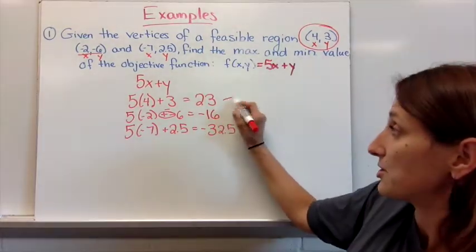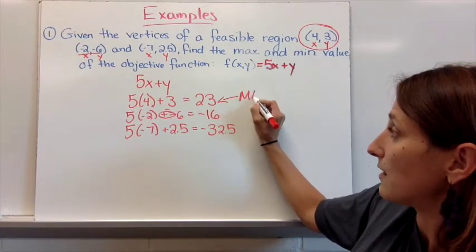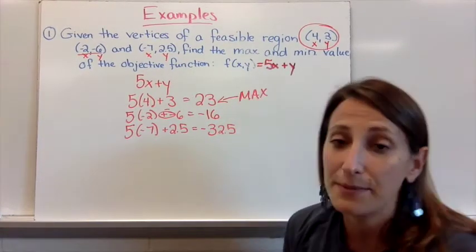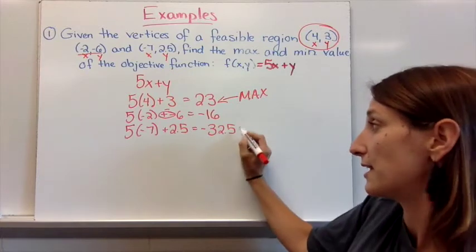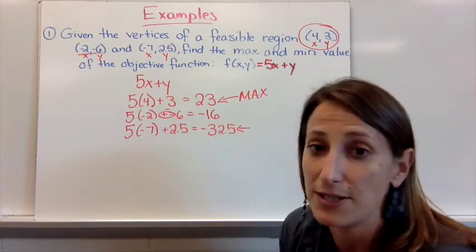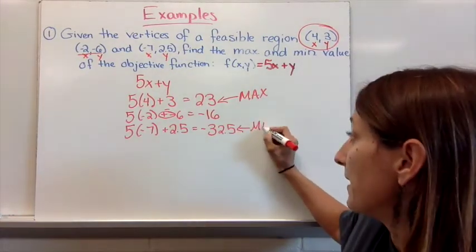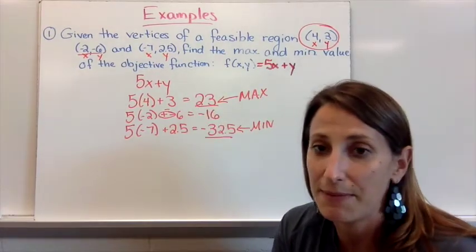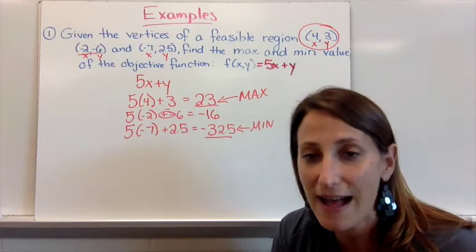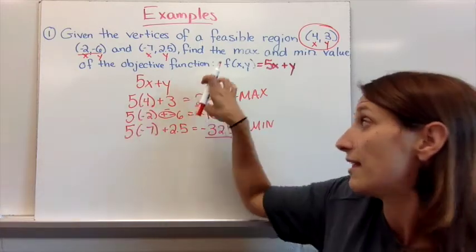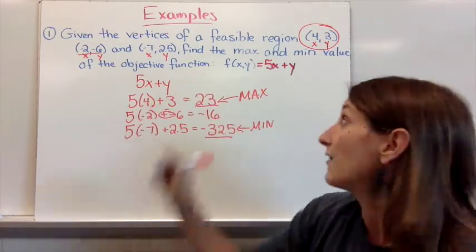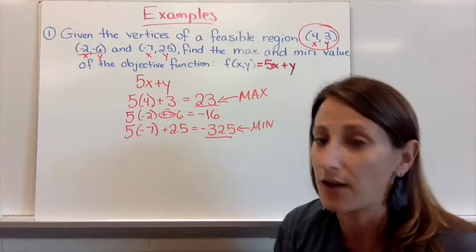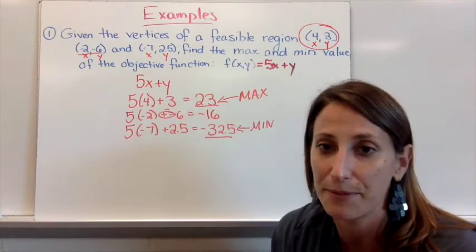My maximum is just my biggest, so that's going to be 23. My minimum is the smallest, so the smallest value I got was -32.5, so that's my minimum value. And then it's really important to keep in mind that they might ask you the values that actually gave you this value. So it might be that your x represents the number of cars or y represents the number of buses.